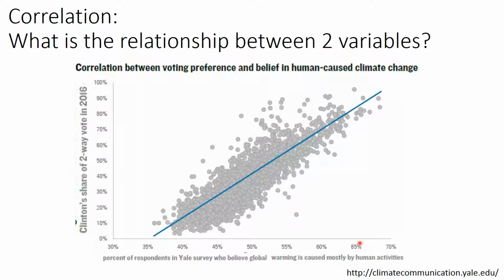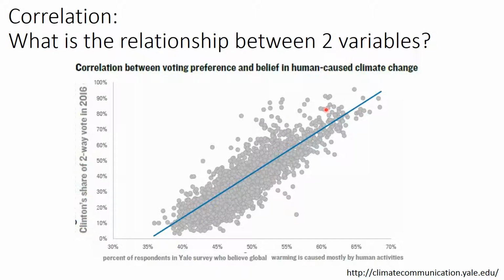And then they've compared each of those electoral districts to how much the Democratic candidate got in the presidential election in 2016. And you can see that it looks like there's a relationship here. You have a trend in these data showing that if you think climate change is caused by human activity, then it seems to make you more likely to vote for a Democratic candidate.